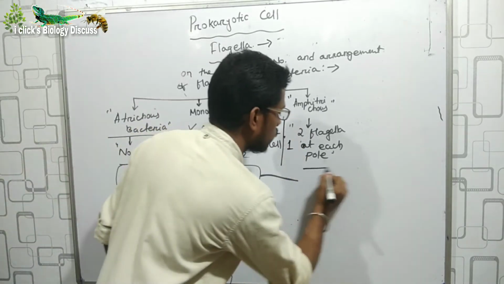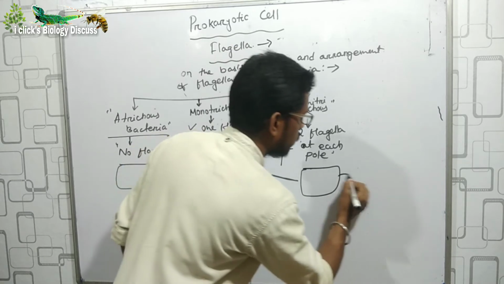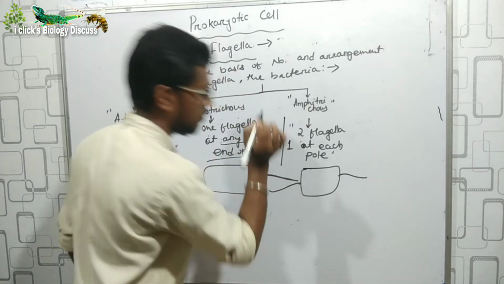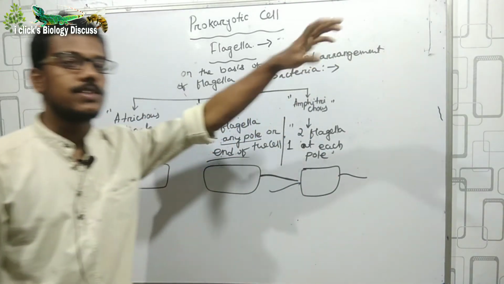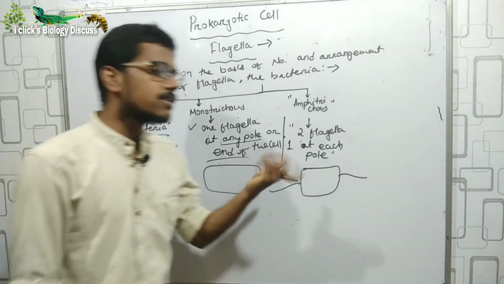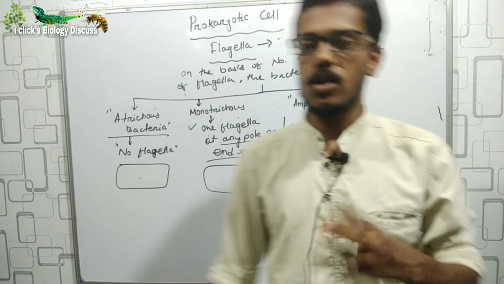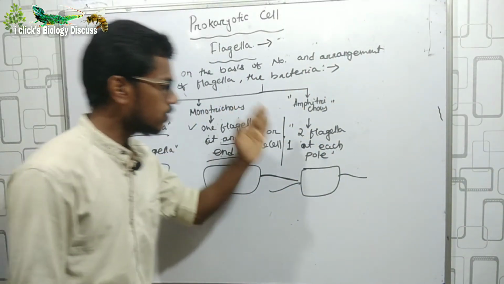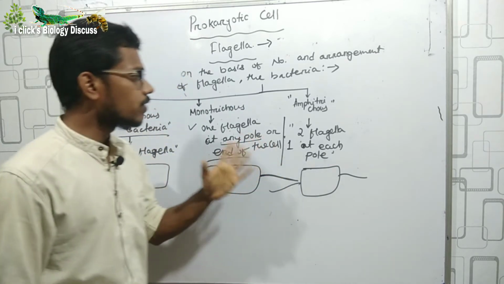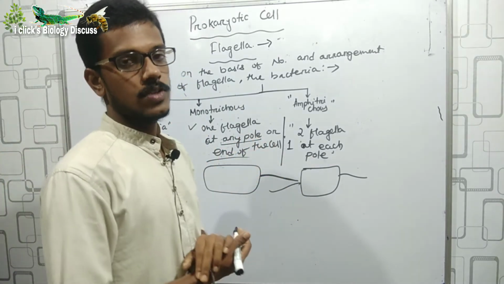So for this bacteria, here in this pole one flagellum, and here in this pole one flagellum. This is called an amphitrichous bacteria. A cell with two flagella, one at each end or pole, will be called an amphitrichous cell, right?